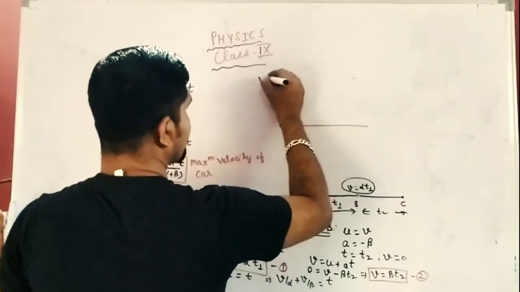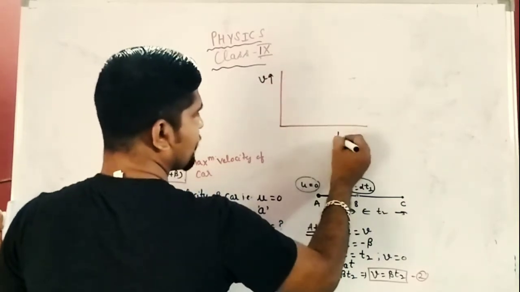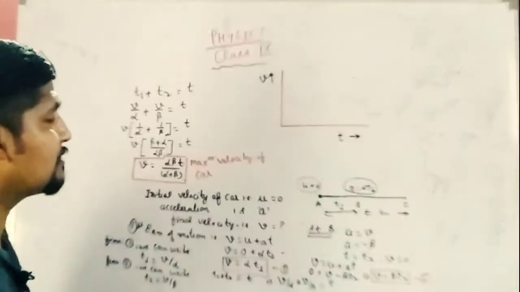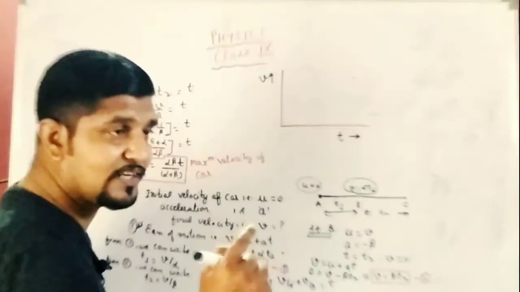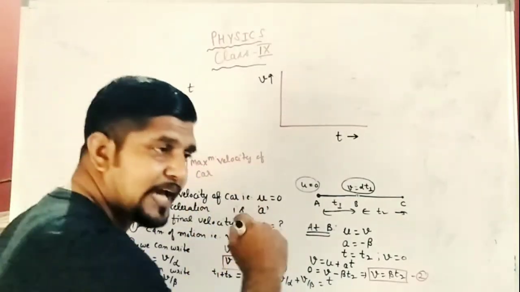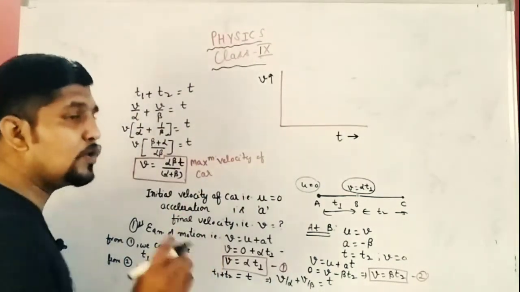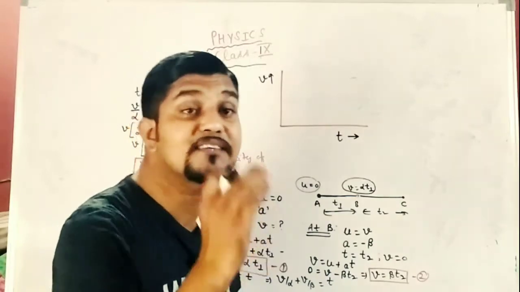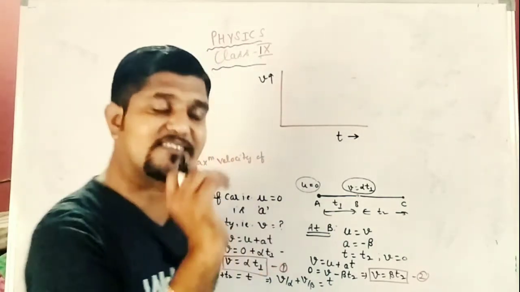According to the statement, a car is accelerating from rest at a constant rate alpha. It means the value of acceleration is alpha.